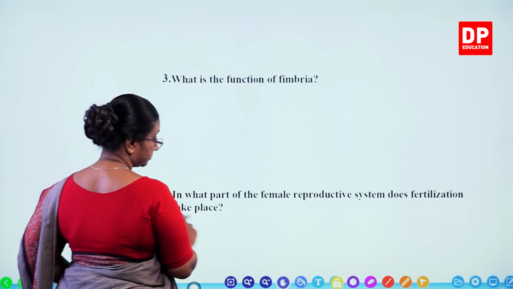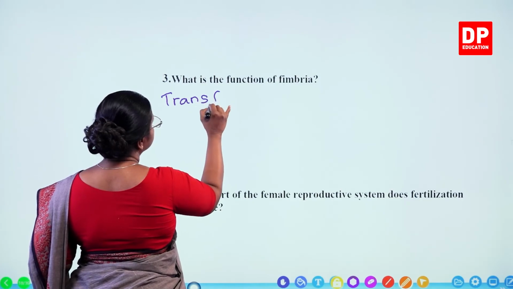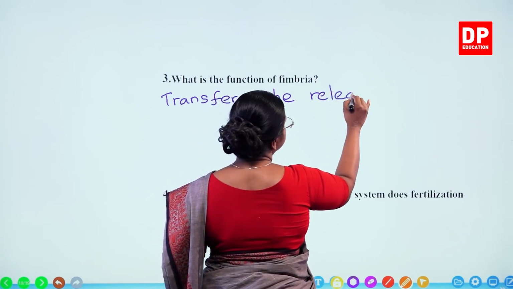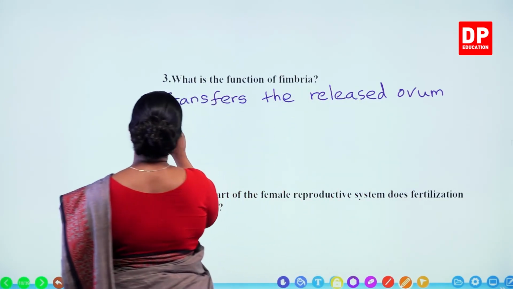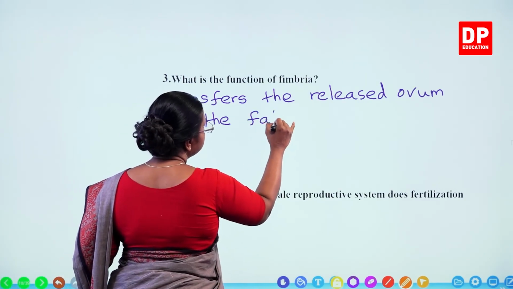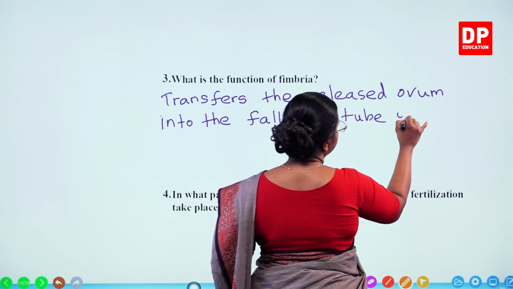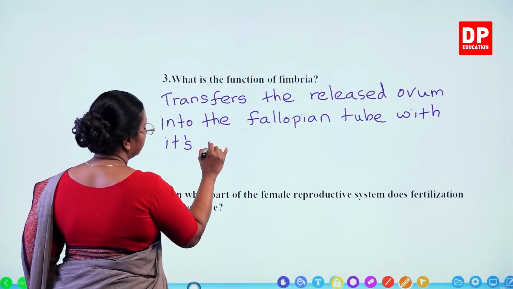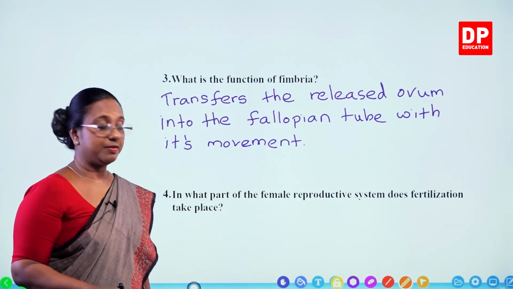So, we can say it transfers the released ovum into the fallopian tube with its movement. That is the function of fimbria.